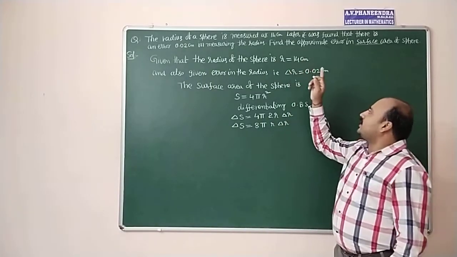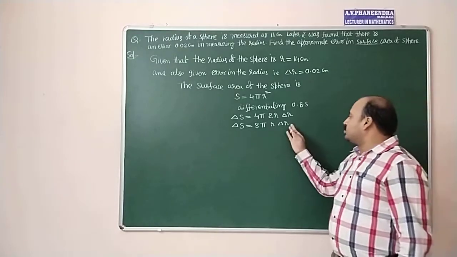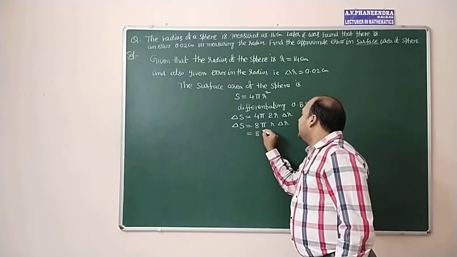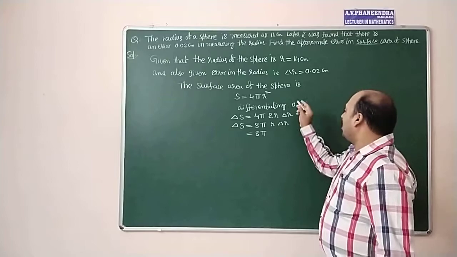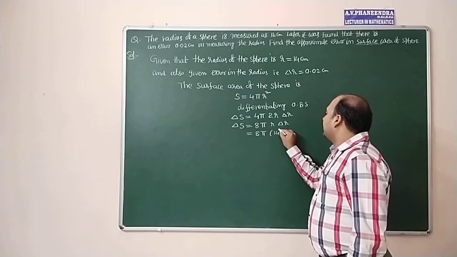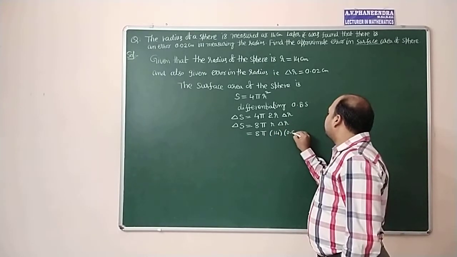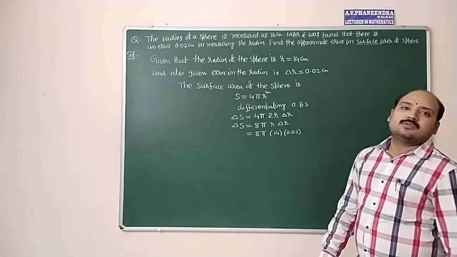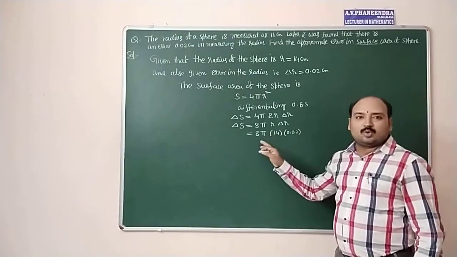The r value we know, the delta r value also we know. Substitute that. So 8 into pi, r value is 14, delta r value is 0.02. We know that pi is equal to 22 by 7.